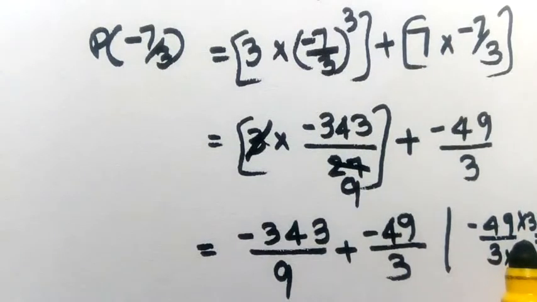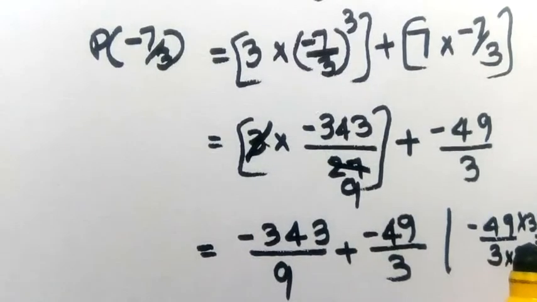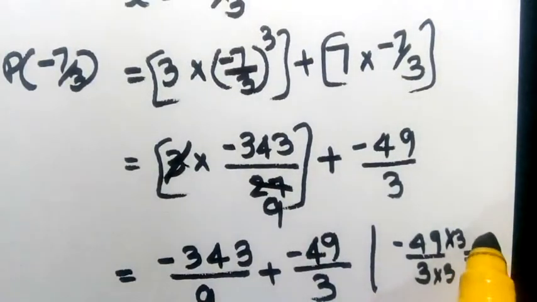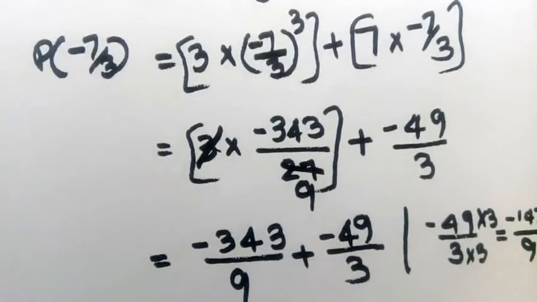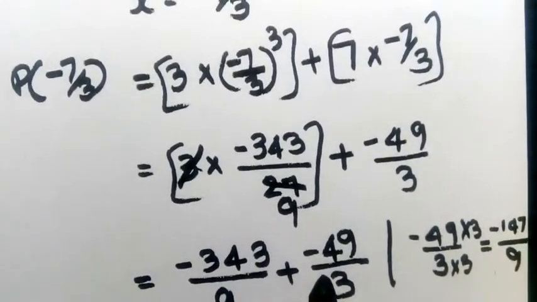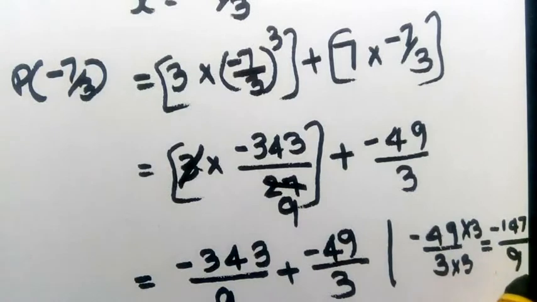What is minus 49 into 3? Yes, it is minus 147 by 9. 3 3s are 9. So instead of minus 49 by 3, we are going to write minus 147 by 9, because minus 147 by 9 is equivalent to minus 49 by 3.